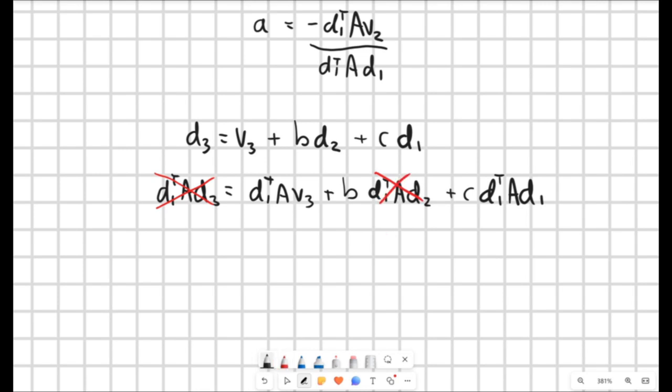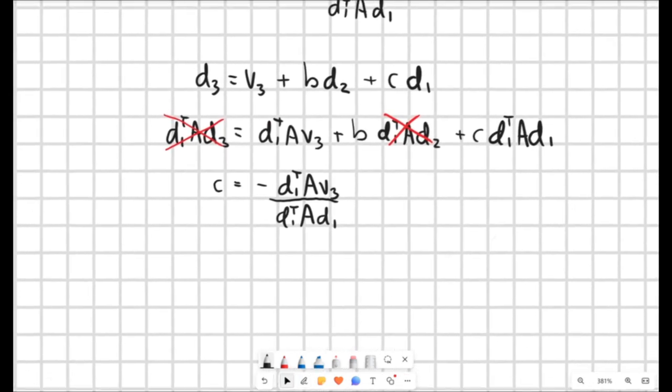Then we solve for the constant C. We end up with C equal to negative this thing: D1 transposed A V3, all divided by D1 transposed A D1.